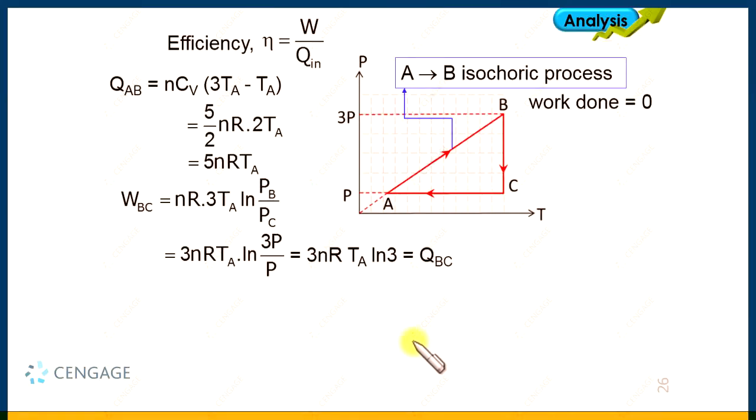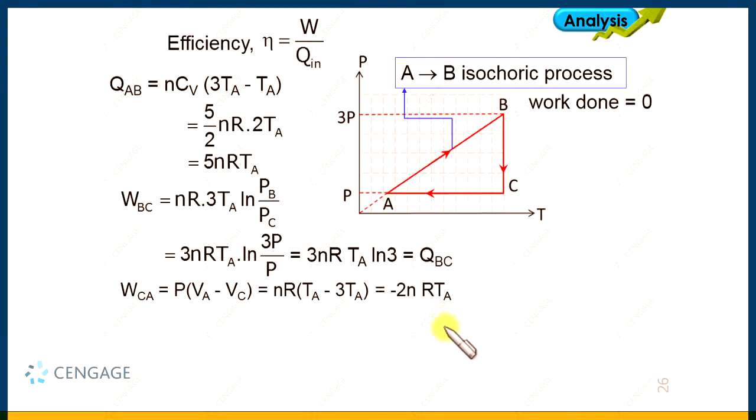We can write here P multiplied by delta V. Delta V means final volume minus initial volume, right, and we know PVA can be written as nRTA and PVC can be written as nRTC, and TC is equal to 3 TA. So we can write this value, and after solving this will be minus 2 nRTA, right.